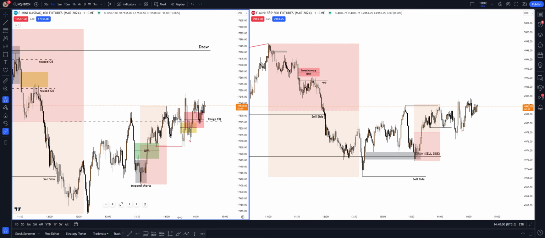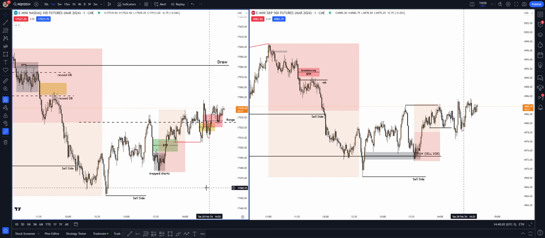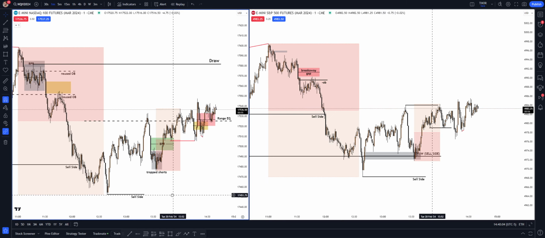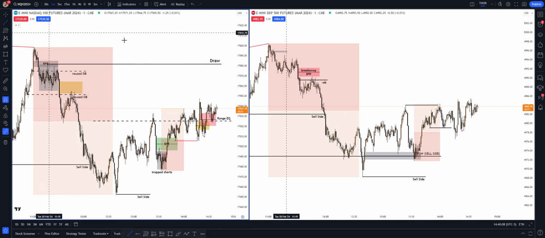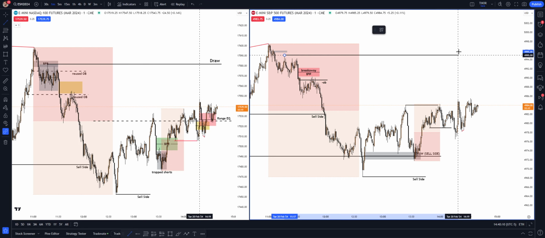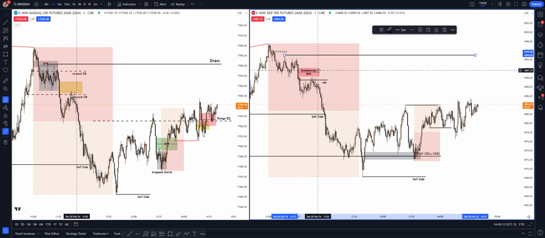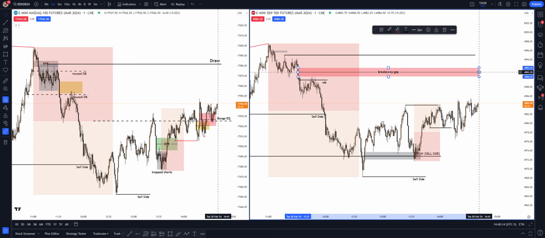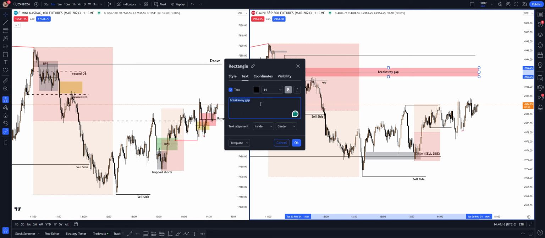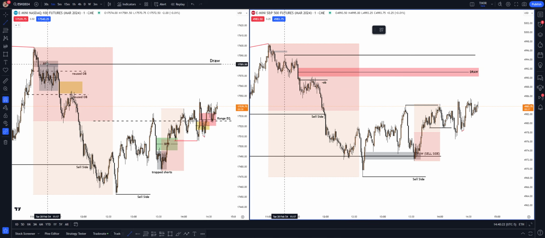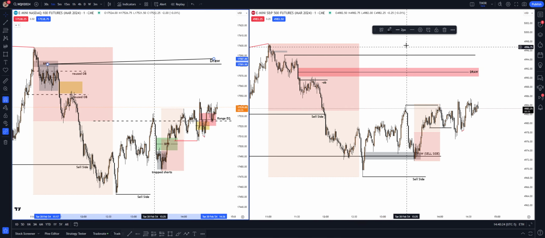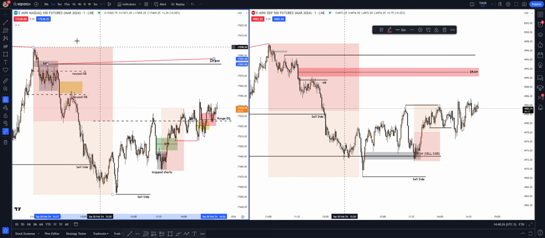I think the chances are, when I'm looking at ES and NASDAQ side to side, so this is the drawn liquidity on NASDAQ, right? This high here. And ES has a breakaway gap, right? What I would like to see is this breakaway gap act as a drawn liquidity on ES, and give an S&T divergence here with NASDAQ, something like that.